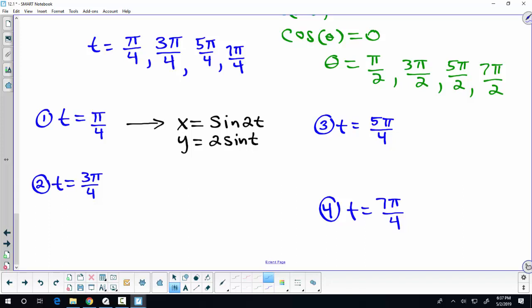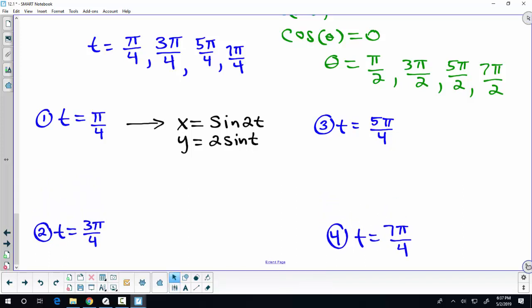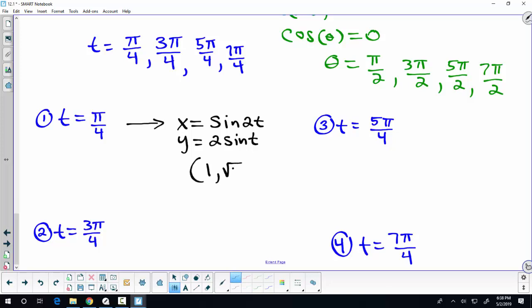So once we plug back into the original, that's going to give us our 4 points where we have our vertical tangent. So with pi over 4, we get 1, root 2. 3 pi over 4, 1, negative root 2. 5 pi over 4, negative 1, root 2.